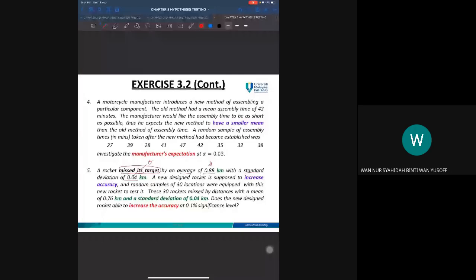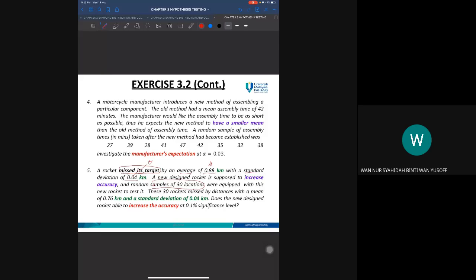One of the keywords that we can use: 0.88 and 0.04 here come before the sample of 30 locations. So basically any value mentioned before we have the sample is a population value.